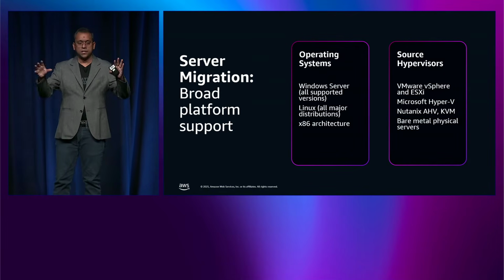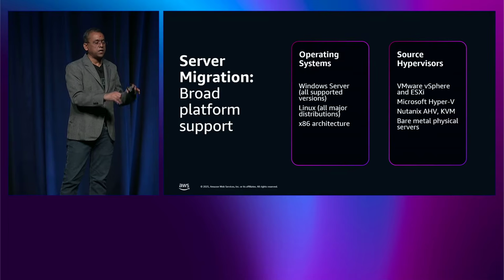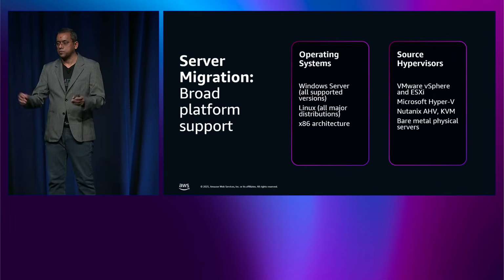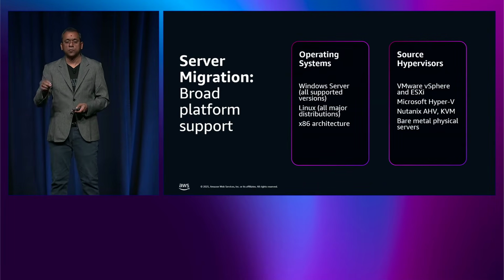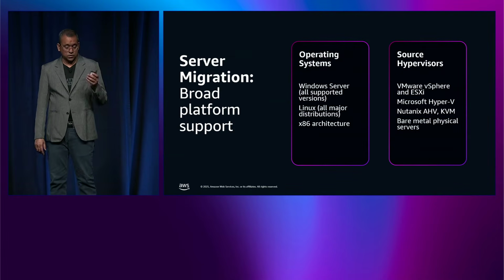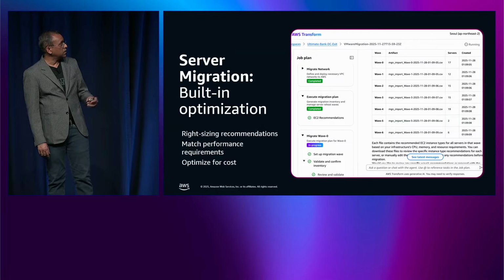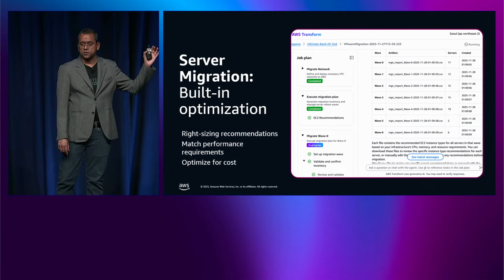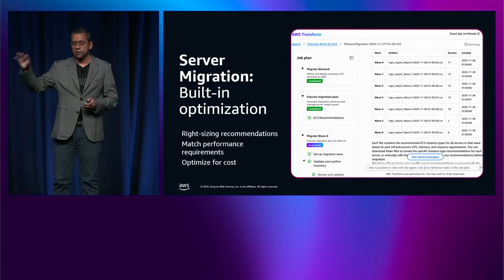So the way you can see, this agent is kind of becoming more of a general purpose migration agent with special domain knowledge around VMware networking and wave planning. So that is what you see here. You get the wave-wise summary. You can set up the replication agent.